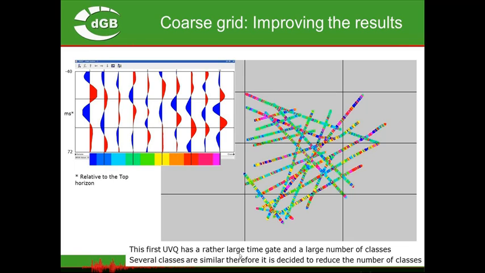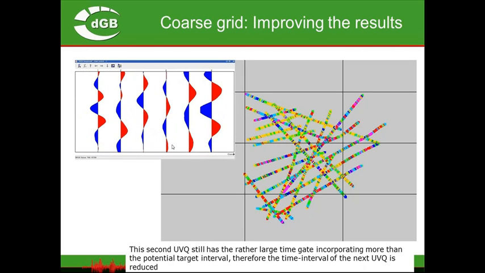But the first UVQ had a rather large time gate, and several classes are similar. Therefore, it is decided to reduce the number of classes. So we reduce the number of classes to, let's say, 5, and because of the time gate, the results are still not quite okay.